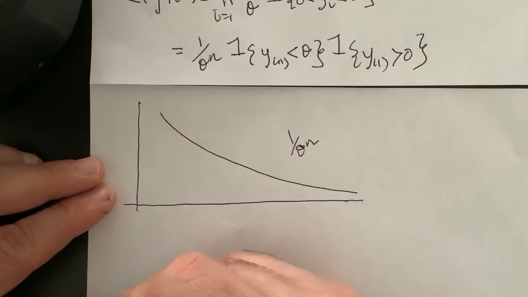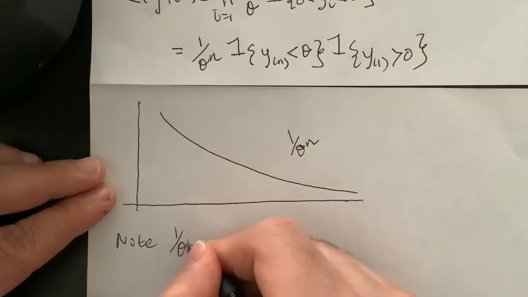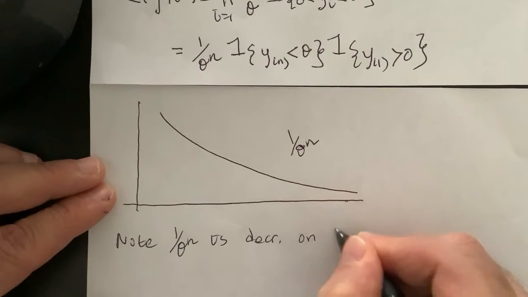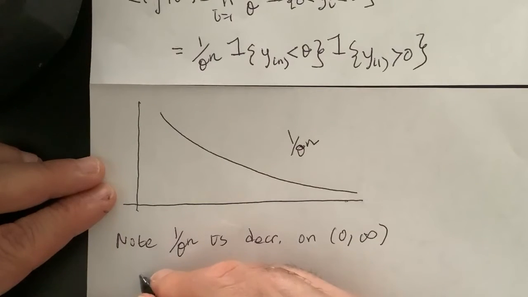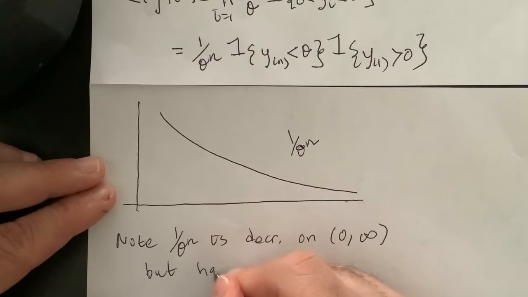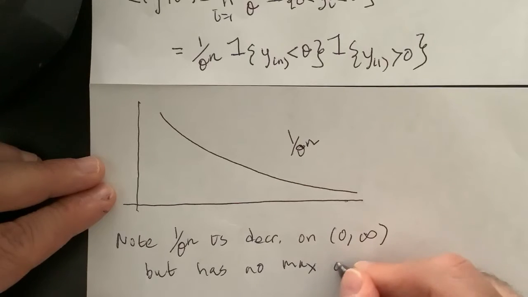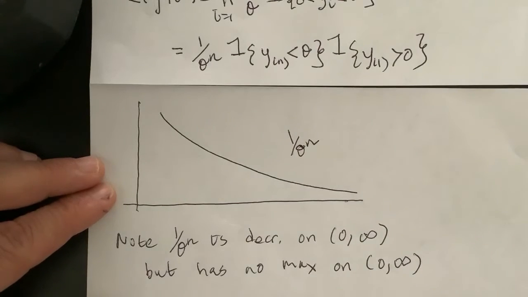Note that 1 over theta to the n is decreasing on (0, infinity) and has no max there, because it approaches positive infinity as theta goes to 0.